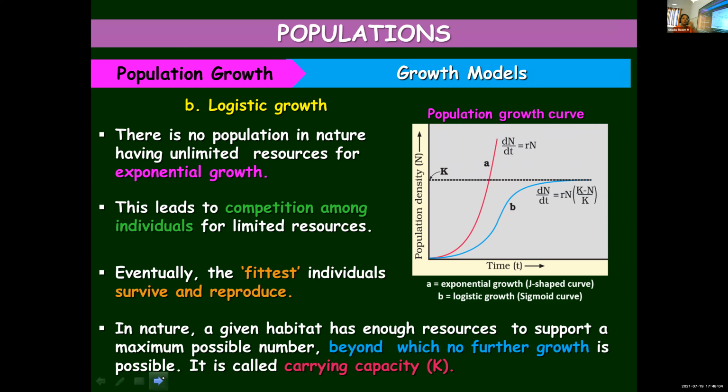In that competition, only the fittest will survive, and those which survive will reproduce. Any habitat will have enough resources to support the maximum possible number. Beyond that, no more growth is possible. So that maximum capacity, we call carrying capacity, and it is represented by the alphabet K. K stands for carrying capacity.